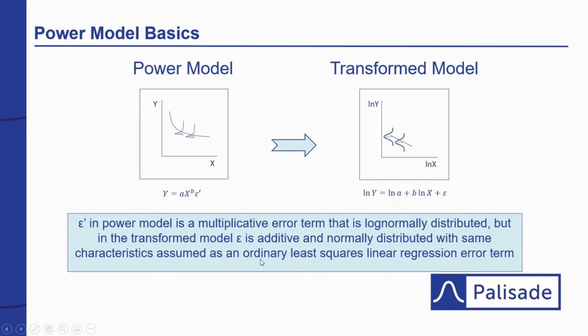You may not remember this, but when you first studied linear regression, specifically the ordinary least squares form of linear regression, you were taught that there's also an error term that comes along with this statistical procedure called regression. And that error term in ordinary least squares has some assumptions behind it.